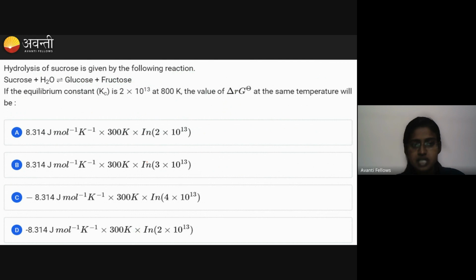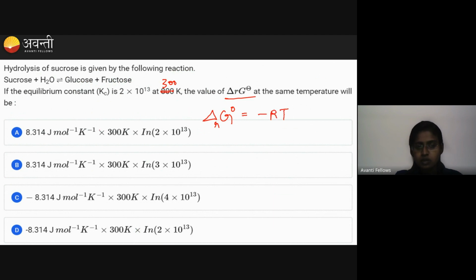Hydrolysis of sucrose is given by the reaction and the equilibrium constant is given as 2 into 10 power 13. Actually, the temperature is not 800, it is 300. And we have to find out delta G R naught. So which equation do we have to use? Delta G R naught is equal to minus RT.